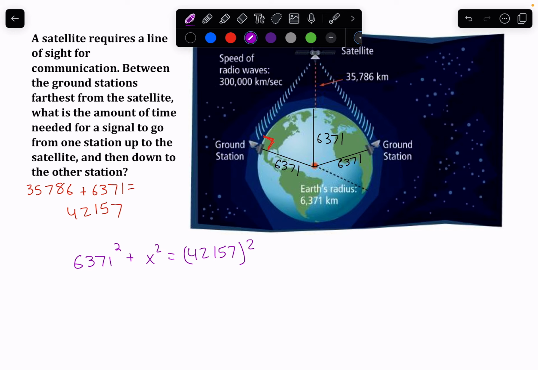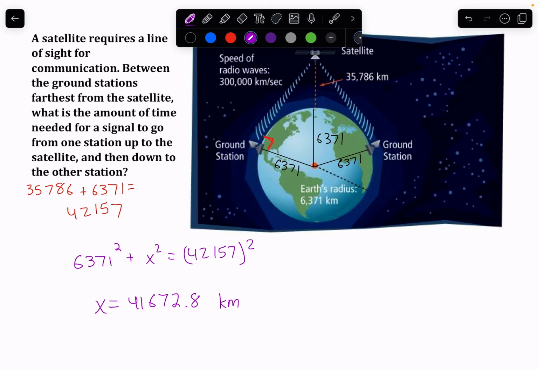So 6,371 squared. You can do all this math. This is just regular numbers math. Once you solve the Pythagorean theorem there, you find that x is equal to 41,672.8 kilometers. So then you say, well, what does that represent?